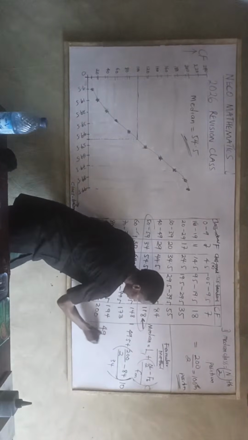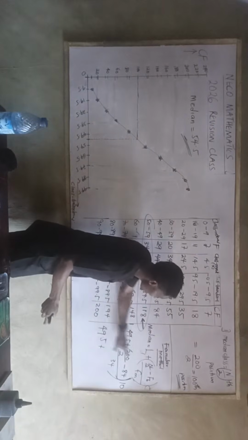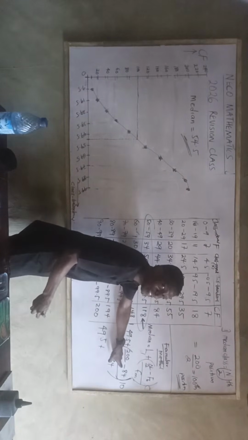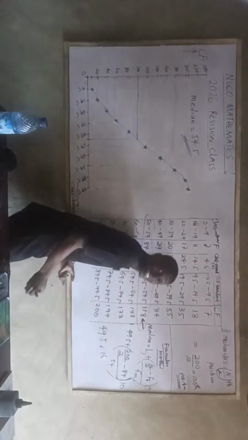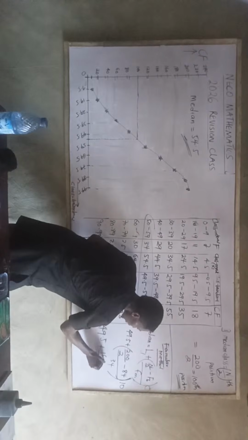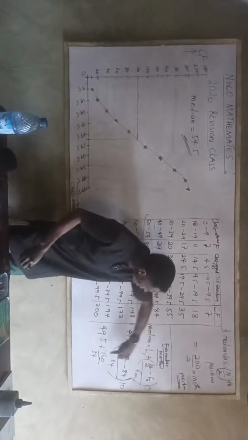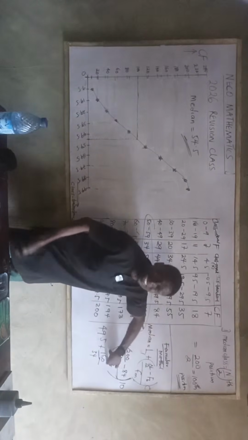So finally, we've got 49.5 plus 200 over 2, which is 100. 100 minus 84 is 16. 16 over 34 times 10. I'm sure you got that correctly, because everything here was 16, and 16 times 10 already gives me 160.